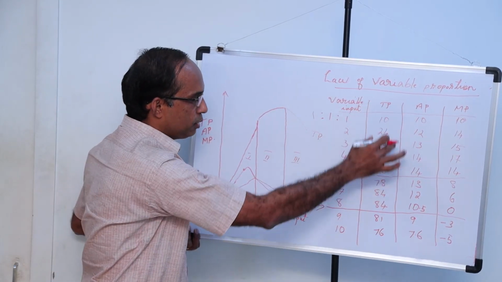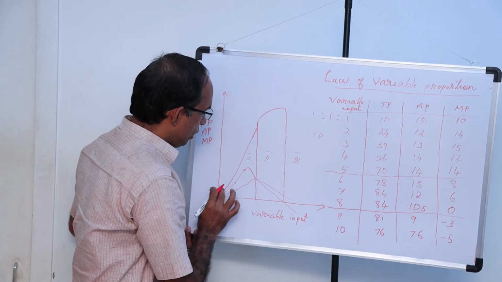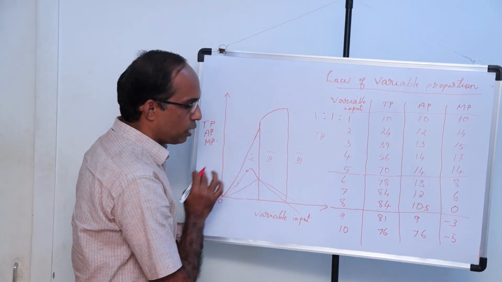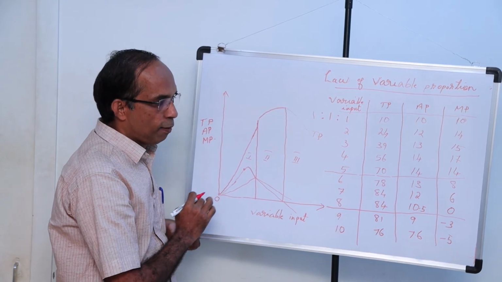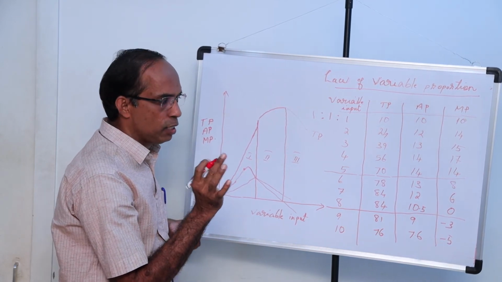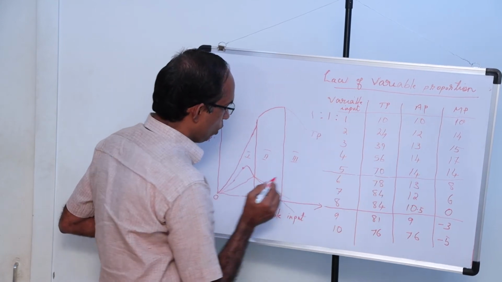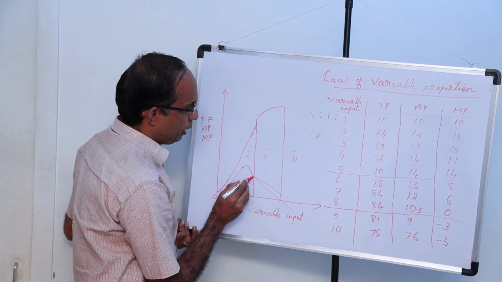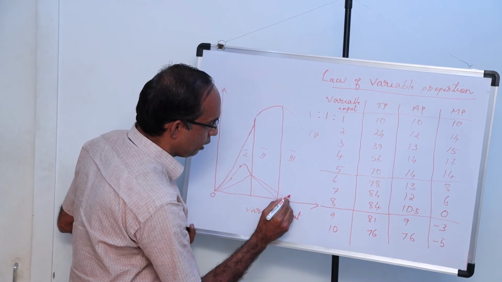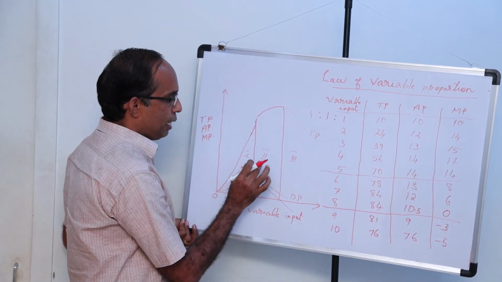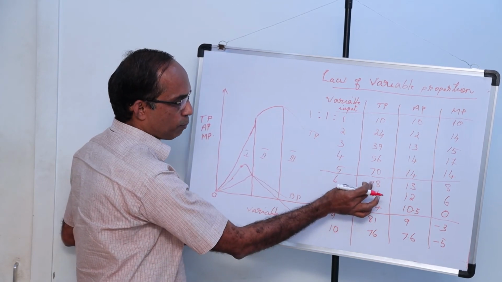In the first stage, total product increases at an increasing rate. Both average product and marginal product are increasing. Where does the first stage end? The first stage ends when MP and AP are equal. When MP and AP are equal, this is AP and this is MP. And in the second stage, what happens to total product?